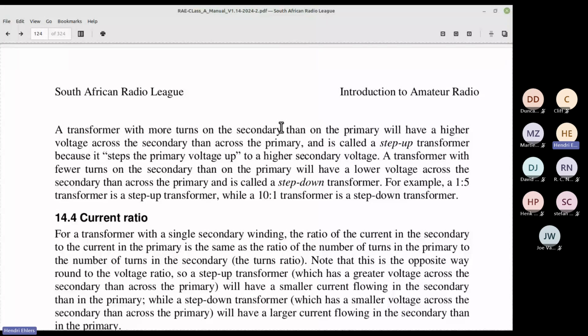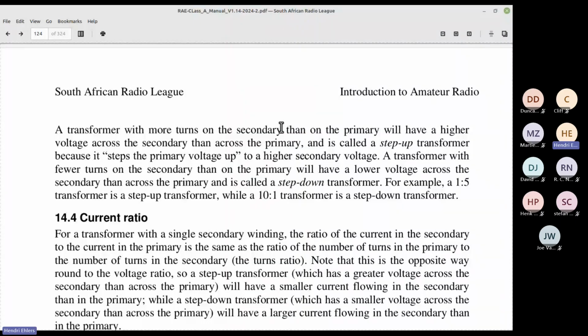For example, a 1 to 5 would be a step-up transformer, because for each turn that you have on the primary side, you'll have 5 on the secondary side. The more turns, the more volts. So if you have more turns on the secondary side, you're going to have more volts on the secondary side.